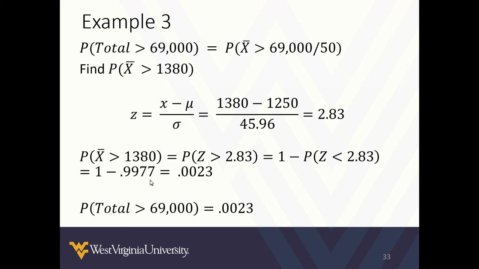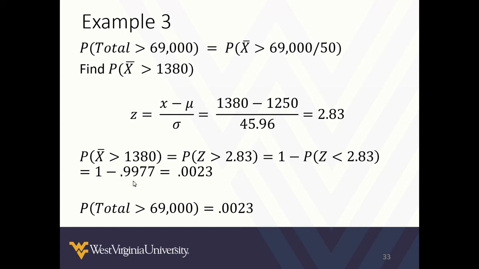Plugging in, wanting to find the probability of our sample mean being greater than 1,380, we can use our z-score to find the probability of z being greater than 2.83, which is equal to 1 minus the probability of z less than 2.83, which would be equal to 1 minus 0.9977.